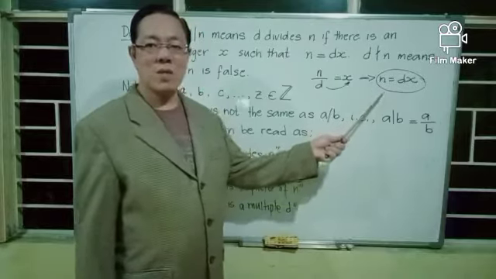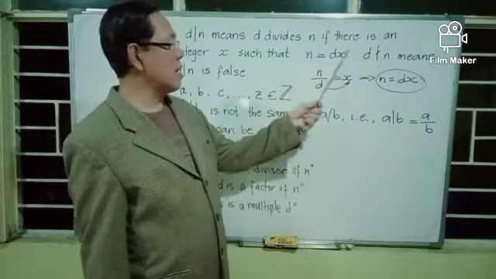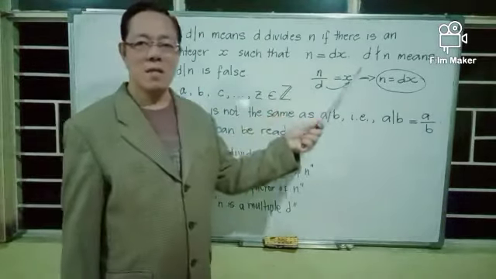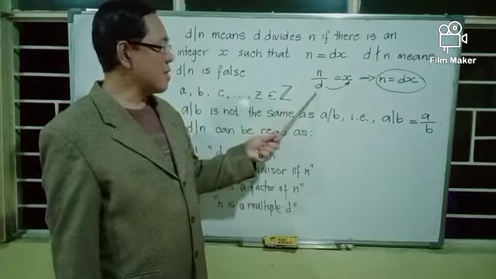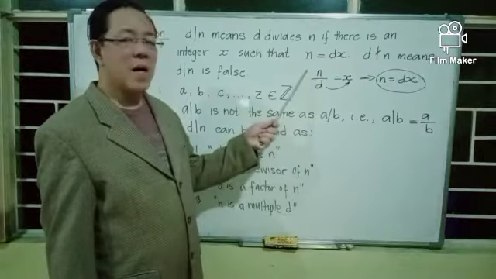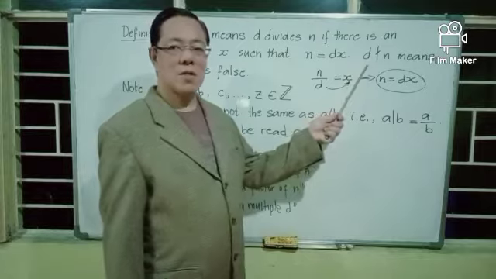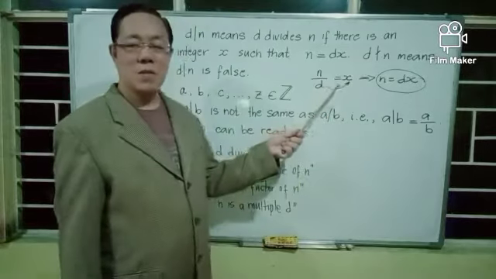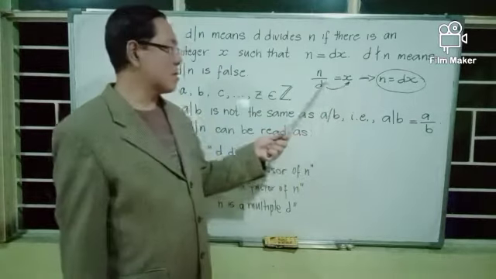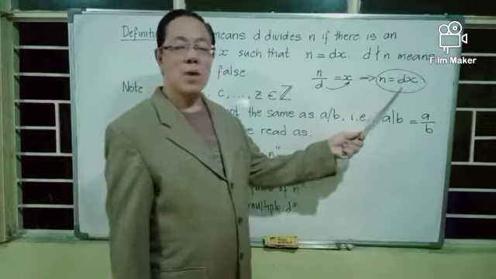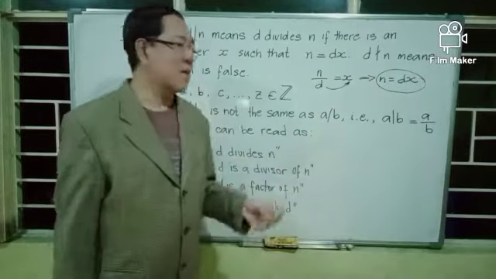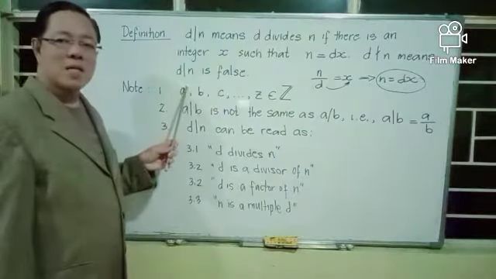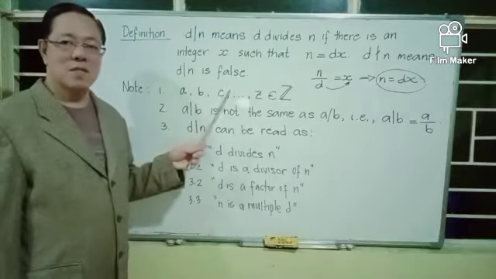And this is what we have in the definition, n equals dx. And if d does not divide n, denoted by this notation, then there is no integer x such that n is equal to dx, or we simply say d divides n is false.